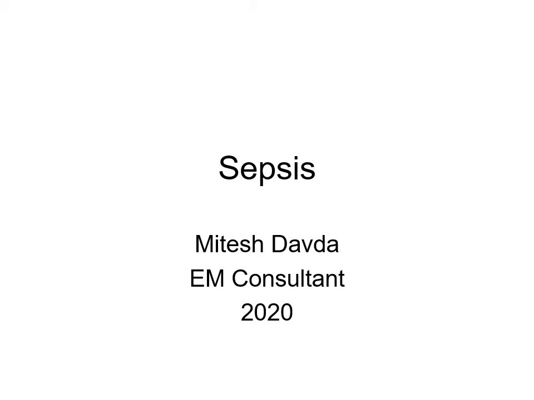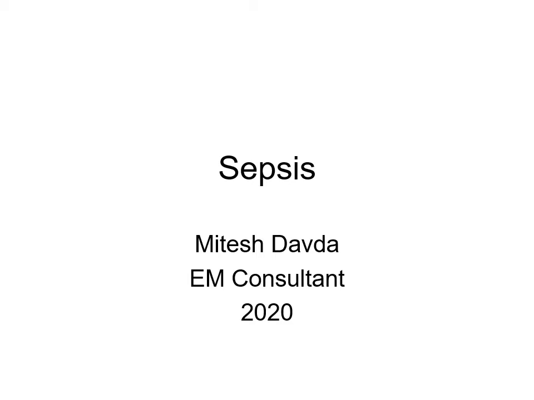Now, septic shock is a vasopressor requirement to keep the mean arterial pressure of more than 65 or a lactate greater than 2 in the absence of hypovolemia. And this obviously represents the sickest subset of septic patients that you will see. One thing to note is that previous terminology such as severe sepsis is now officially no longer used.